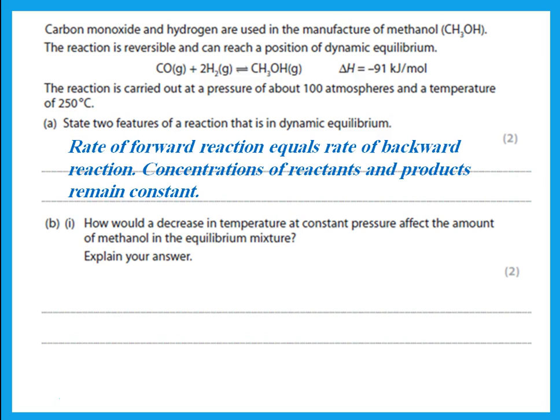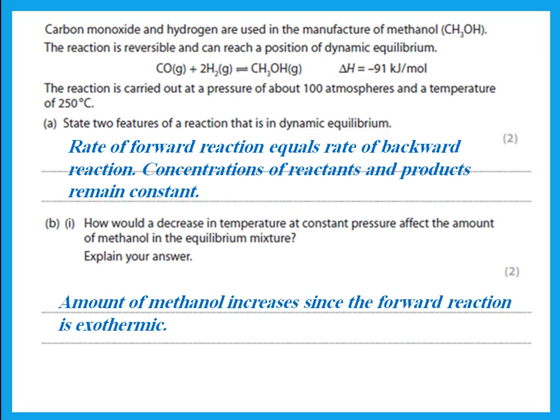Now, which side here is exo? He's telling me that when CO reacts with hydrogen to form methanol, the delta H is minus 91. That means going forward is an exothermic reaction. And that means when I decrease the temperature, the reaction goes forward, and that means it will give more methanol. Since the forward reaction is the exothermic reaction.